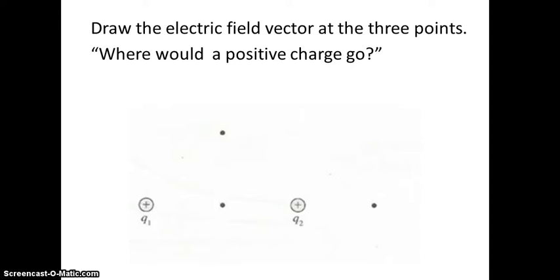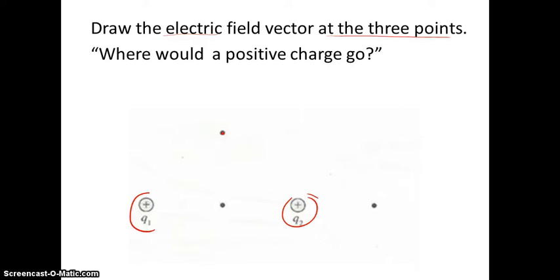This question says, draw the electric field vector at the 3 points. The vector it's talking about is the direction at this point. For example, we have two charges here, and we want to find which direction a positive charge would go when placed here. What we can do is figure out each one individually.